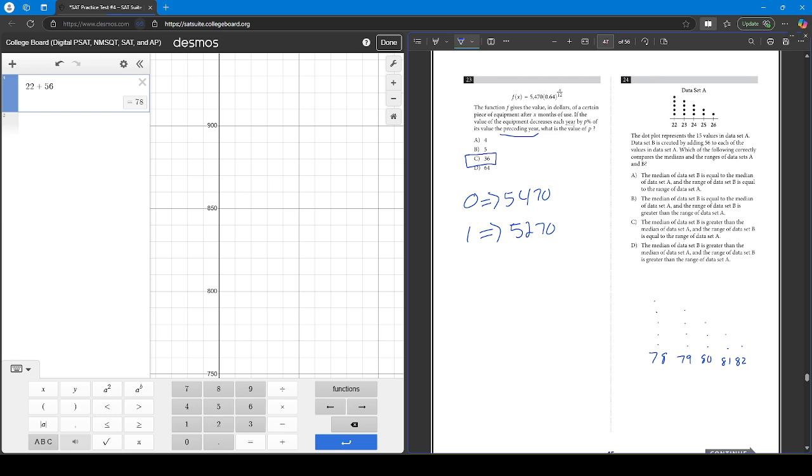The median of data set B is equal to the median of data set A. No, the median is going to be a bigger number. Not equal. The median of B is greater, yes.